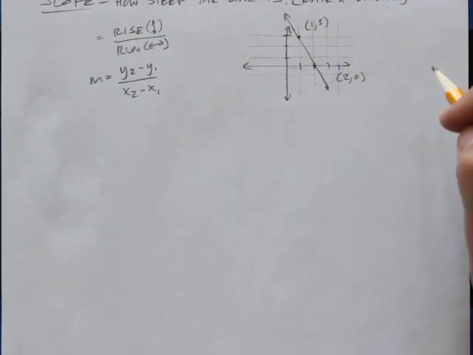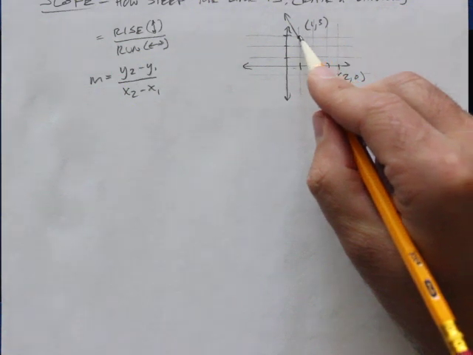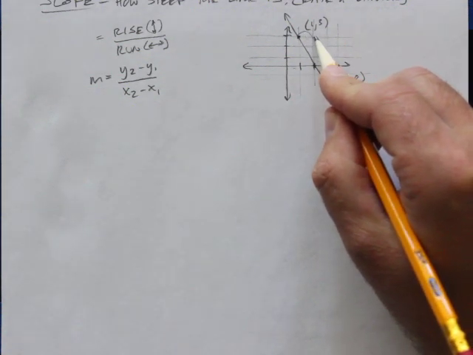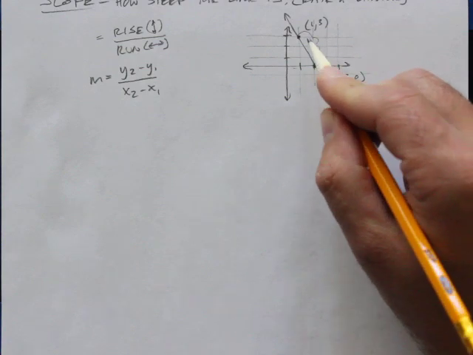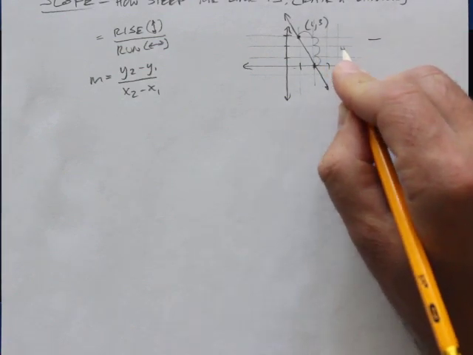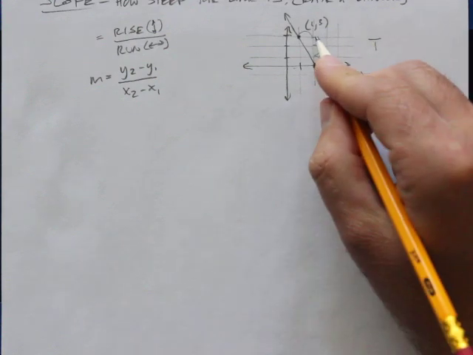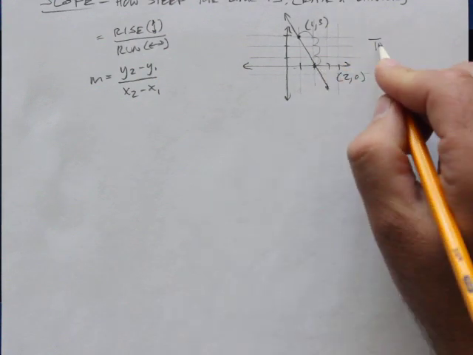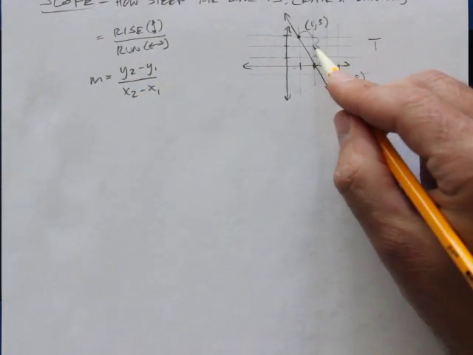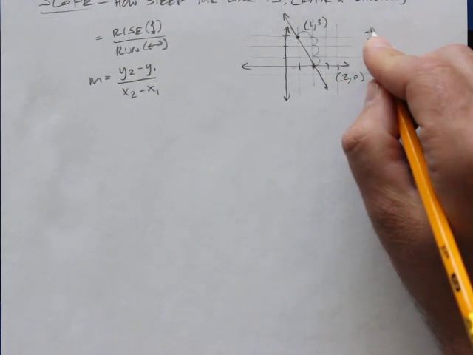Now, there's another way to do it if you have an easy, clean, and clear graph. And that is, I can just count over 1, and then down 1, 2, 3. So if I go over 1, that is my run, so that would be 1, and that would be in the denominator, rise over run. So my rise would be 1, 2, 3, -3.